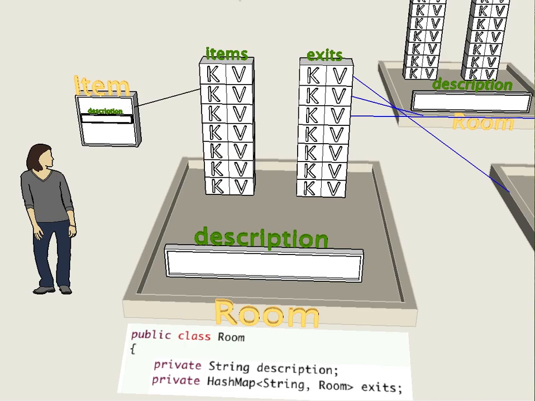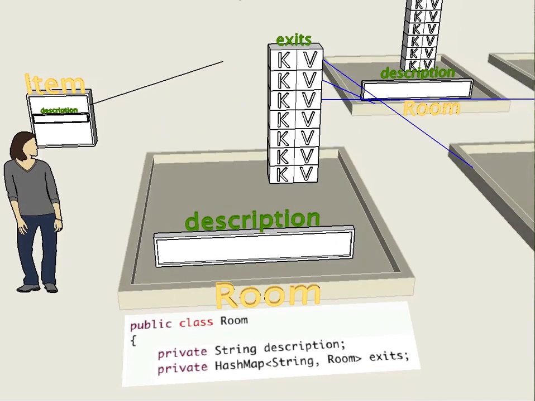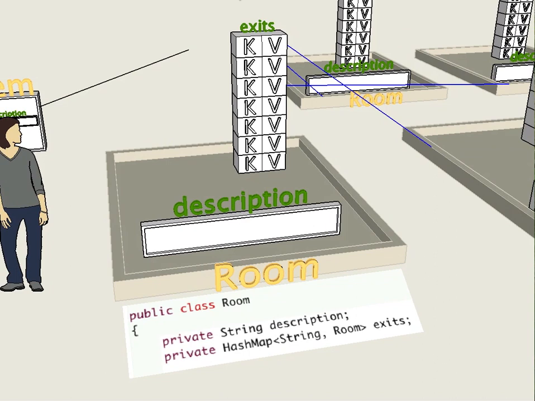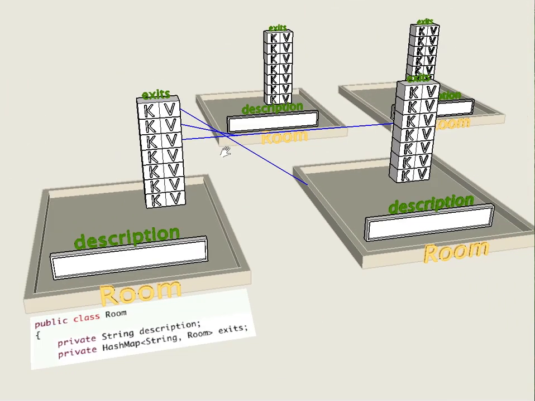So that's pretty much how this all works. But you get the idea. There's a reference from that value to this item. You could add as many rooms as you want. The hash map provides that flexibility.